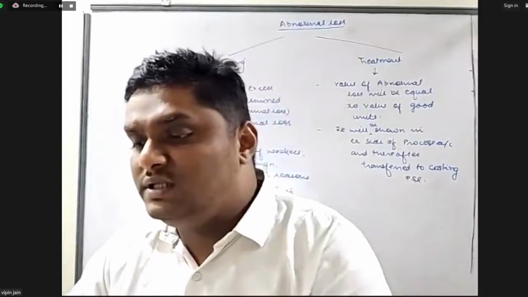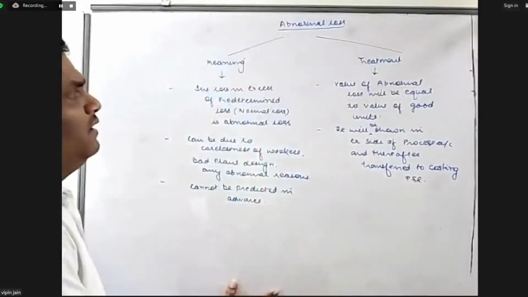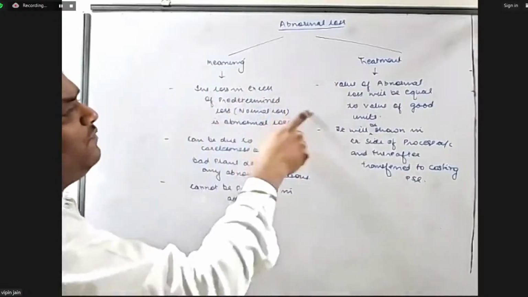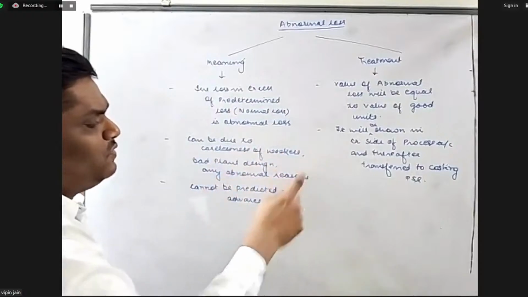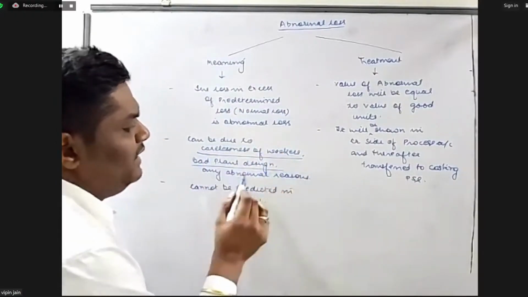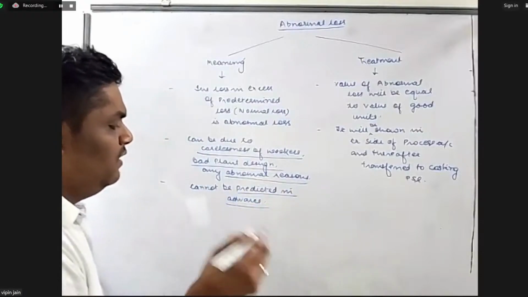If you guys have any doubts in this part, then you can ask me. When talking about abnormal loss, the loss in excess of predetermined loss is abnormal loss, can be due to carelessness of workers, bad plant design, or any abnormal reasons, and cannot be predicted in advance.